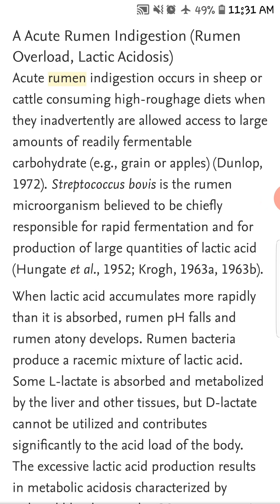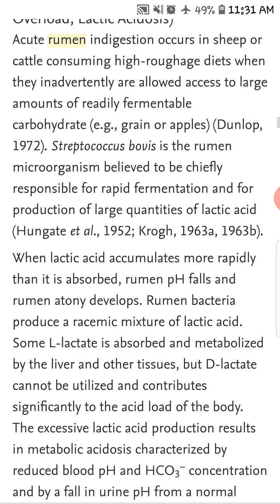The bacterium Streptococcus bovis in the rumen microorganisms is chiefly responsible for rapid fermentation and production of large quantities of lactic acid.